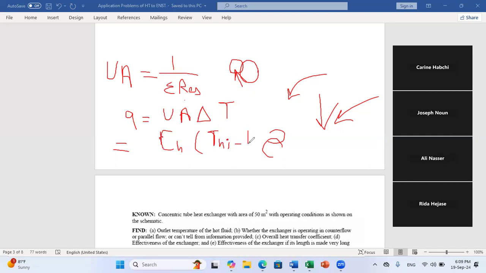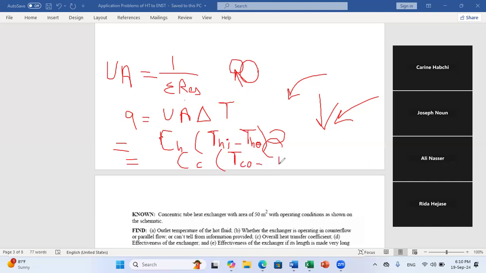To get Q, you can apply the formula on the hot fluid by doing C hot times T hot in minus T hot out, or you can evaluate Q by doing C cold times T cold out minus T cold in. You have all temperatures, so you can select the part that you want.